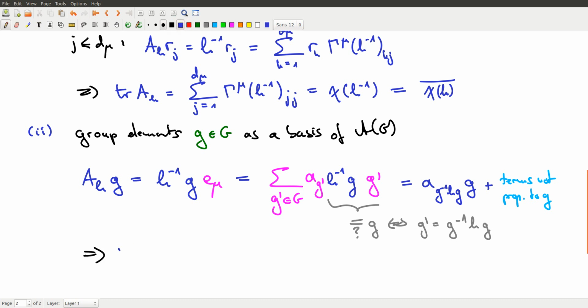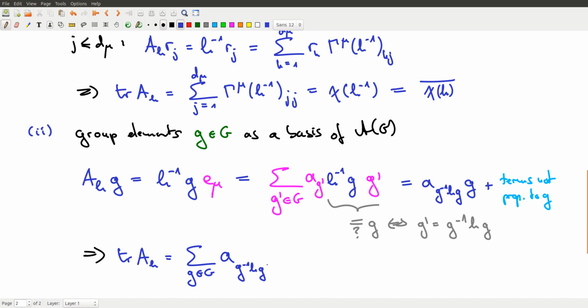So now the trace of A sub H, that's just the sum over all group elements, and we sum the coefficients A sub G inverse H G.